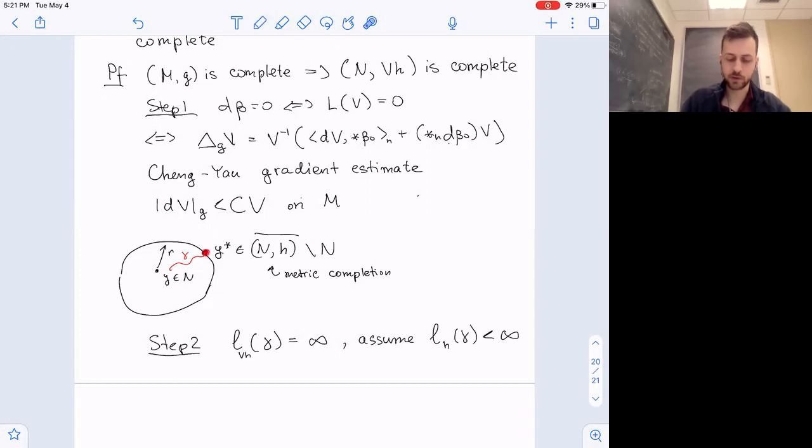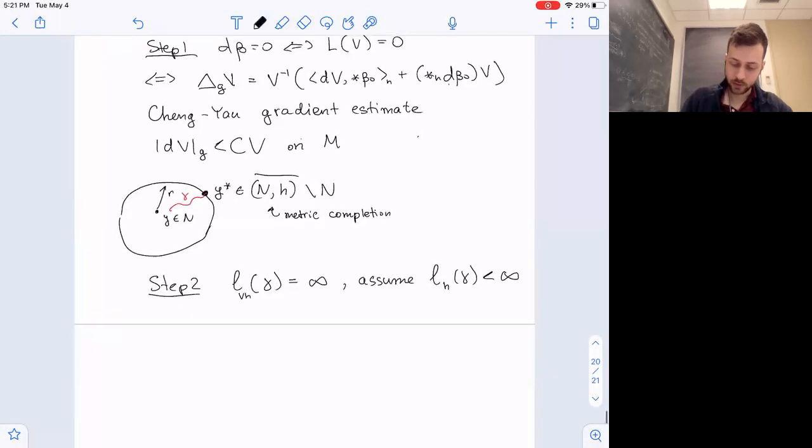That this is a point belonging to the completion. So as such, V must go to infinity subsequentially along gamma.